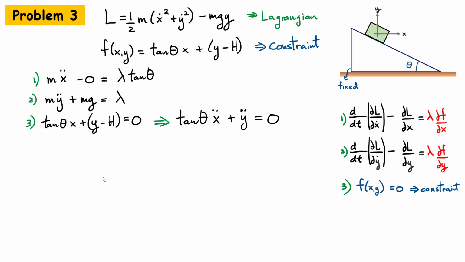All right, how do I solve this system of equations? What I'm going to do is substitute everything into my equation here. The first thing I can do is eliminate lambda by using my first equation. From equation 1, you should be able to write that lambda is equal to m x double dot divided by tangent of theta.